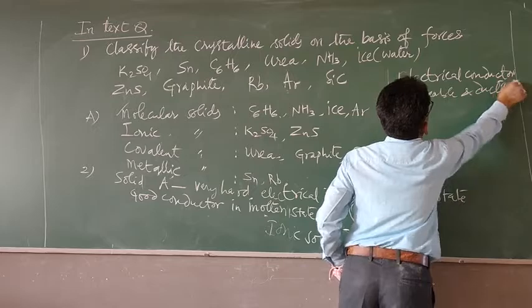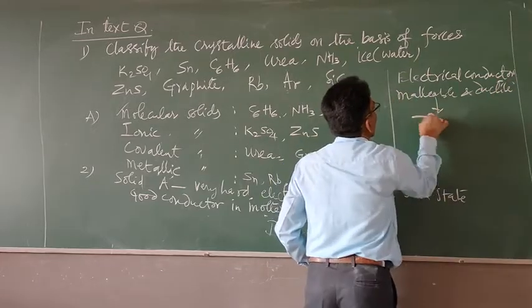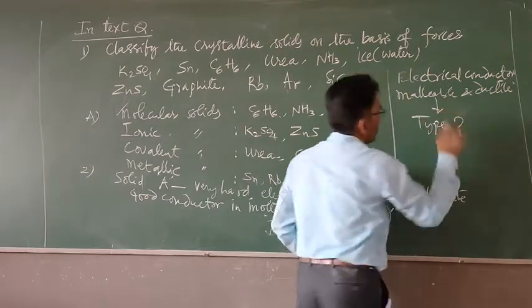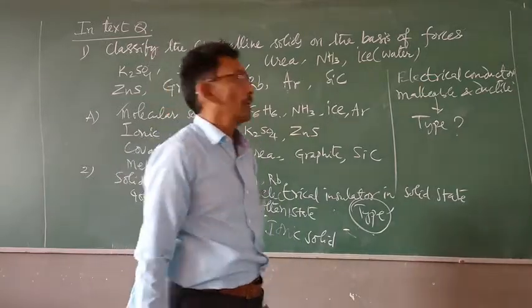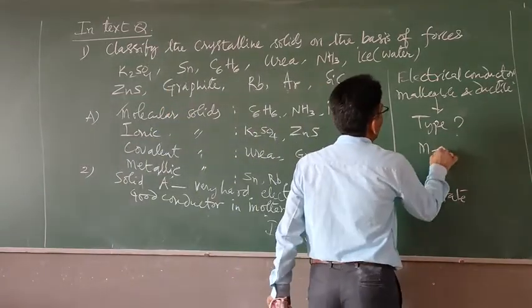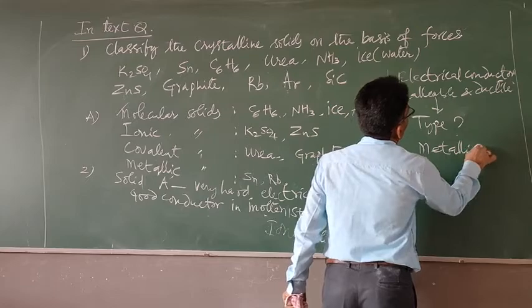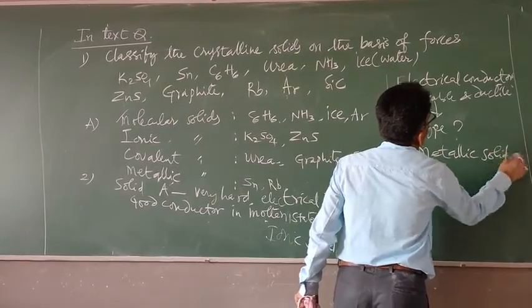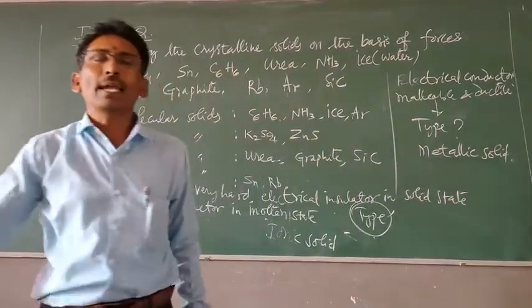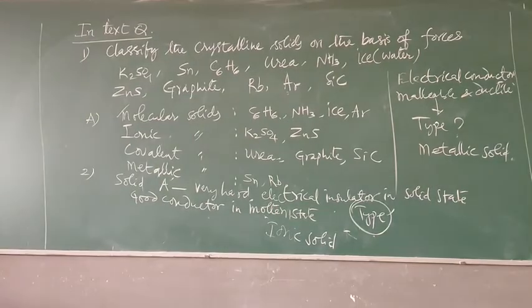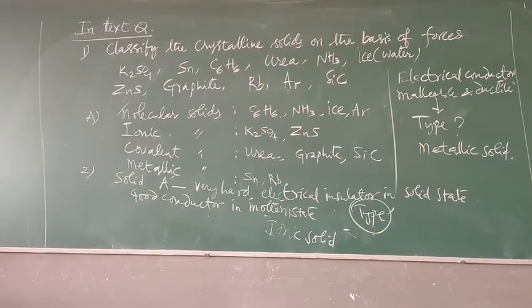So the answer is metallic solid. So that is the end of the different types of crystalline solids: molecular solid, ionic solid, covalent solid and metallic solid.